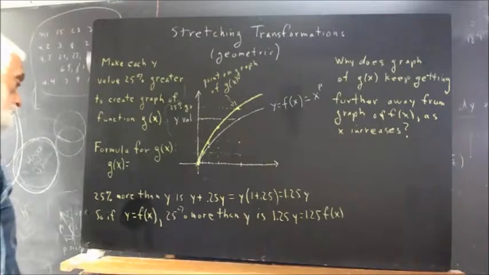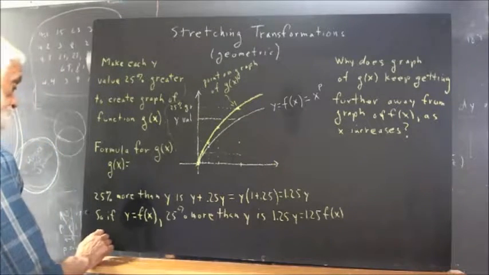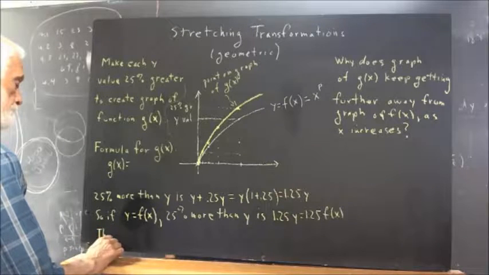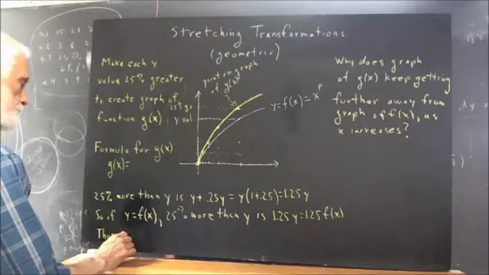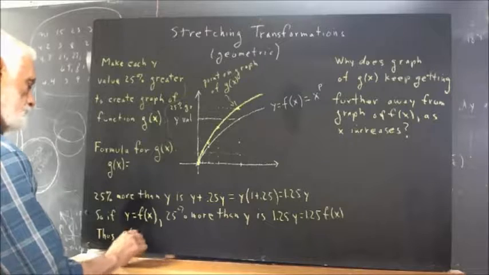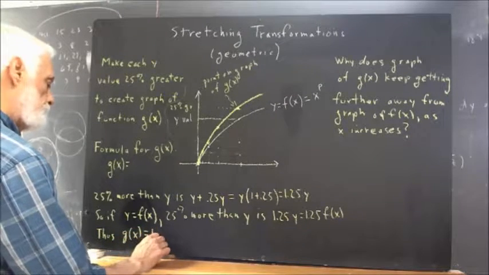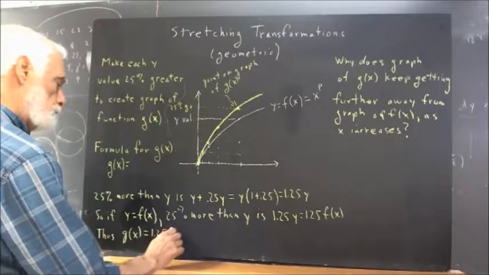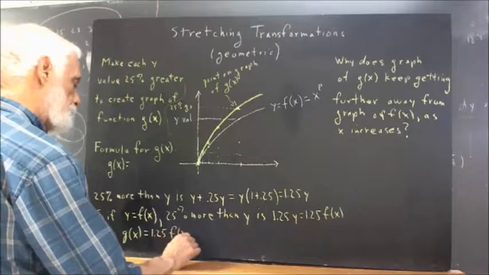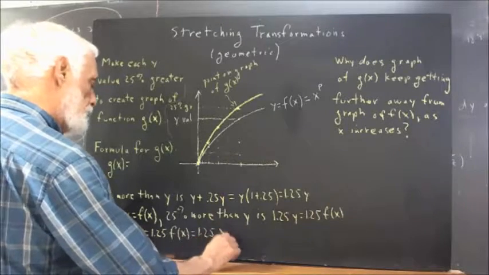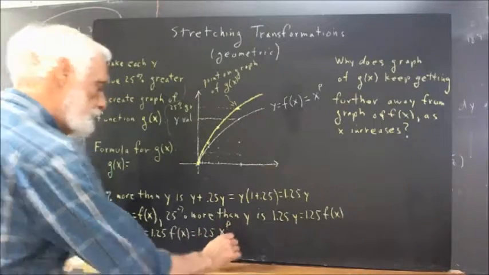Okay, so it follows that g of x has to be 1.25 times f of x, which is, of course, then 1.25x to the p.